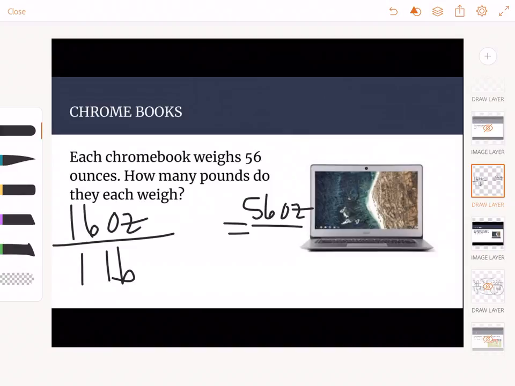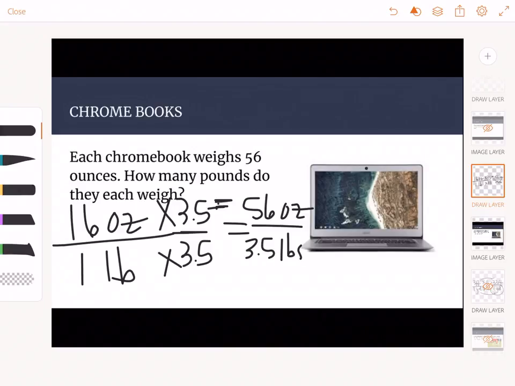And students are totally allowed to use calculators on these problems, by the way. So 56 divided by 16 is 3.5. So that means 16 times 3.5 is 56. So if I multiply the top by 3.5, I've got to multiply the bottom by 3.5. Really just multiplying it by 1, and we end up with 3.5 pounds.